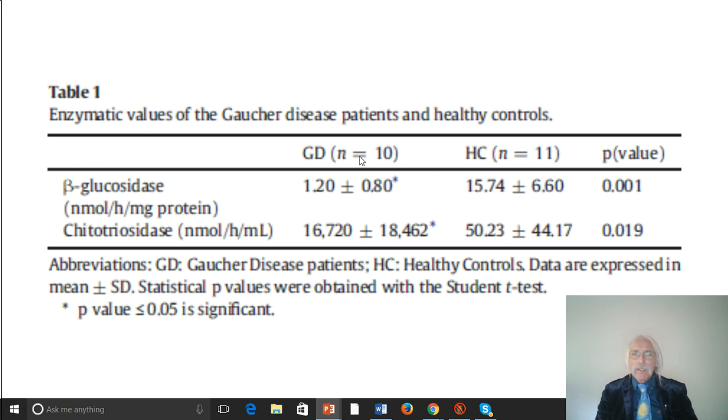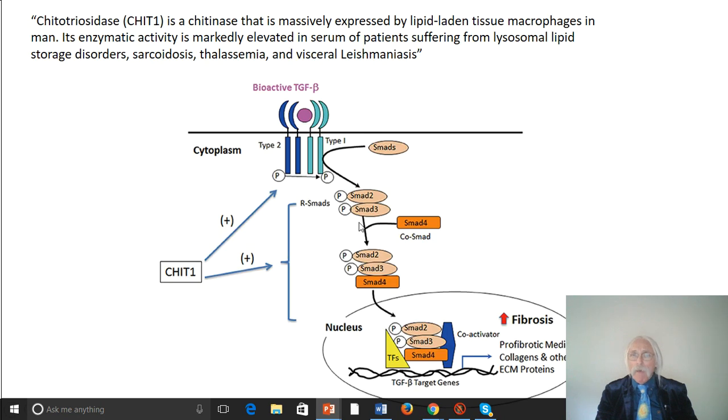So I want to tell you a little bit about this chitotriosidase, because it's something that's not often thought about or looked at in Gaucher's, but take a look at this. So we're going to call this enzyme just CHIT1. It is a chitinase, and it is massively expressed in lipid-laden tissue, and you see it in macrophages in Gaucher's disease patients. Its enzymatic activity is markedly elevated in the blood of patients suffering from a whole host of lysosomal lipid disorders.